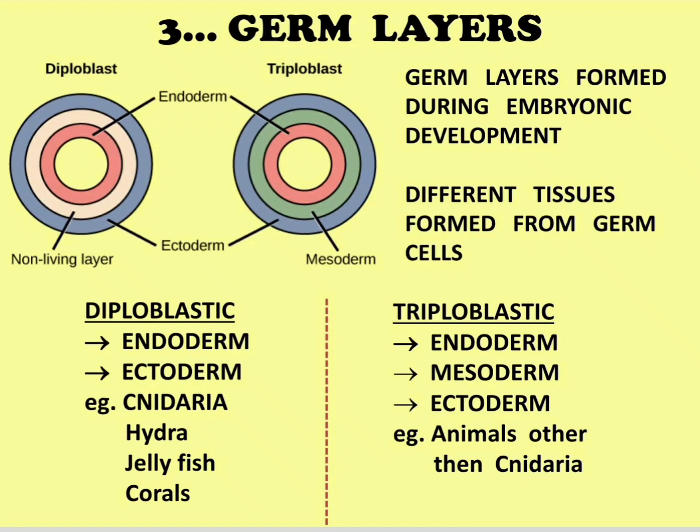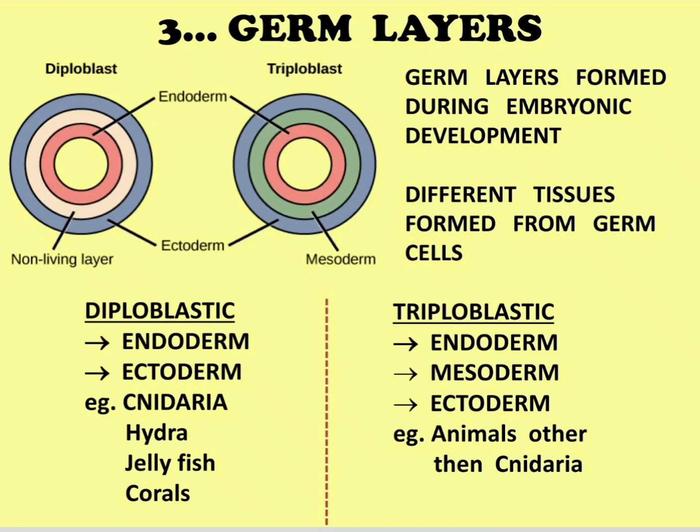The importance is that these germ layers are required for the formation of different tissues in that particular organism when it grows up. Okay, so just remember, germ layers are formed in an individual during the very early embryonic development when that organism is inside the womb of the mother. And what is the importance of it?